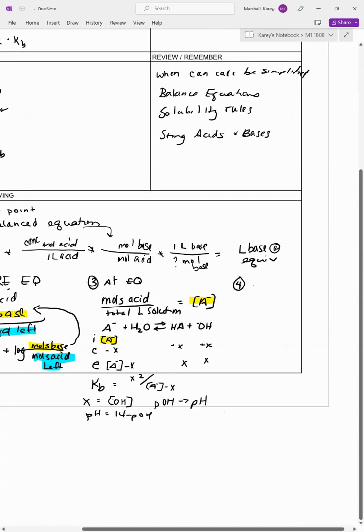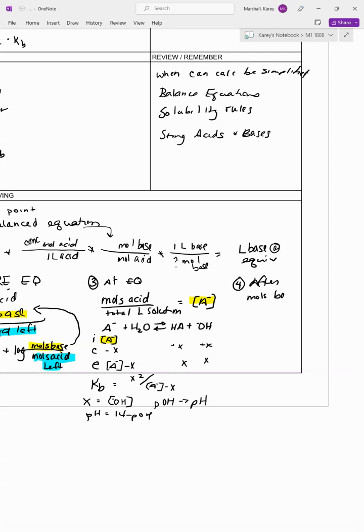Now, after the equivalence point, please work a lot of these problems. You're going to start with the moles of base that have been added, and subtract the moles of acid that are there. What you have left are moles of base left. That is in excess.